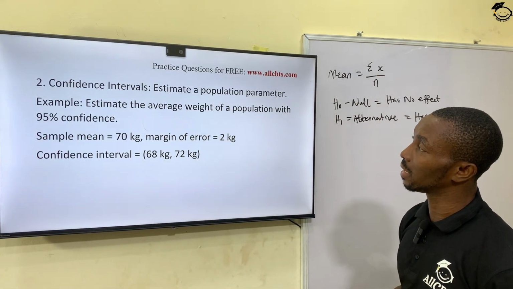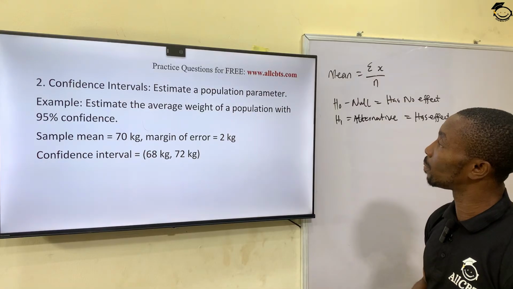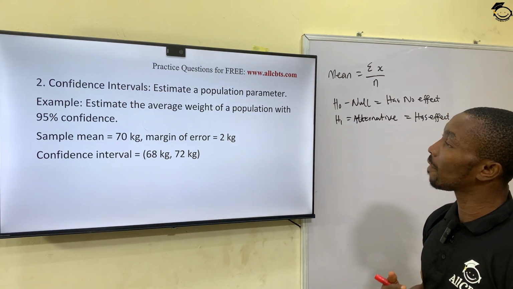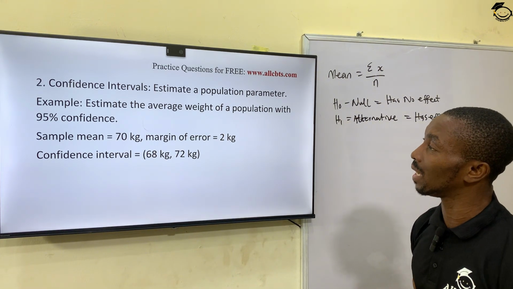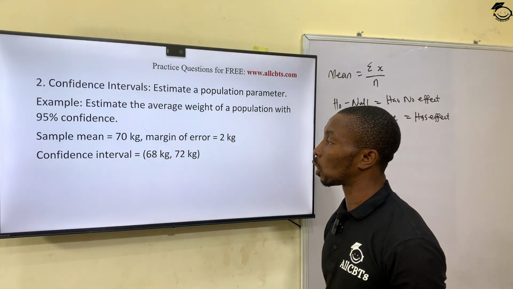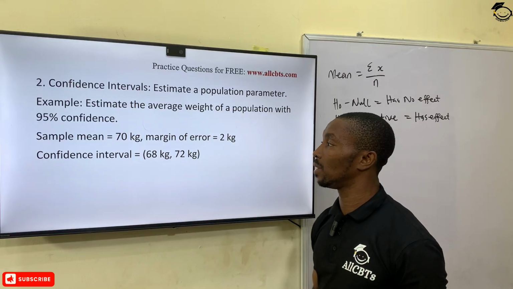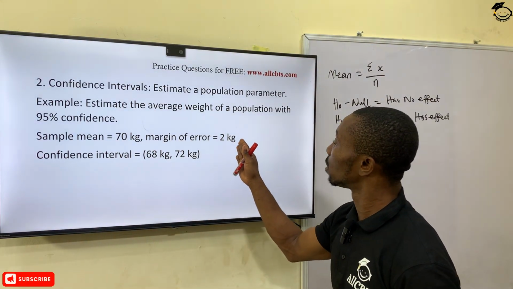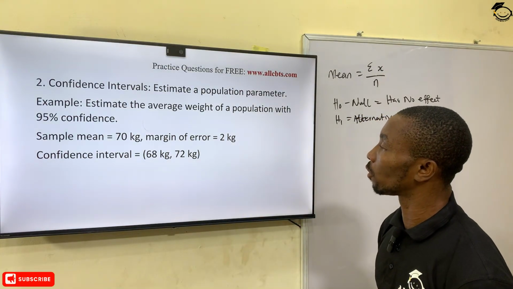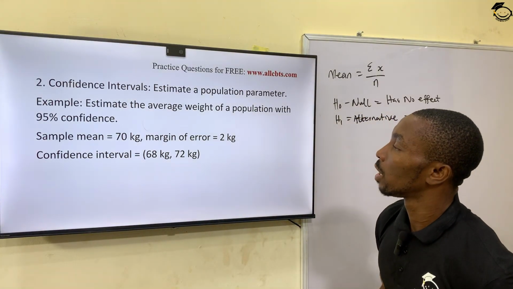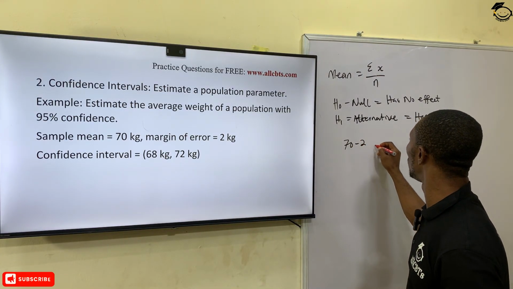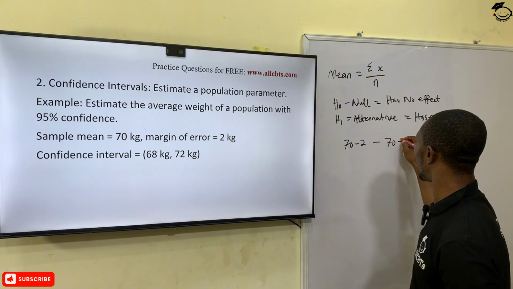Now, the confidence interval estimates the population parameter. Example, the average weight of a population within 95% confidence. Now, if our sample mean is 70 kg and the margin of error is 2 kg, our confidence interval will range from 70 minus 2 to 70 plus 2.